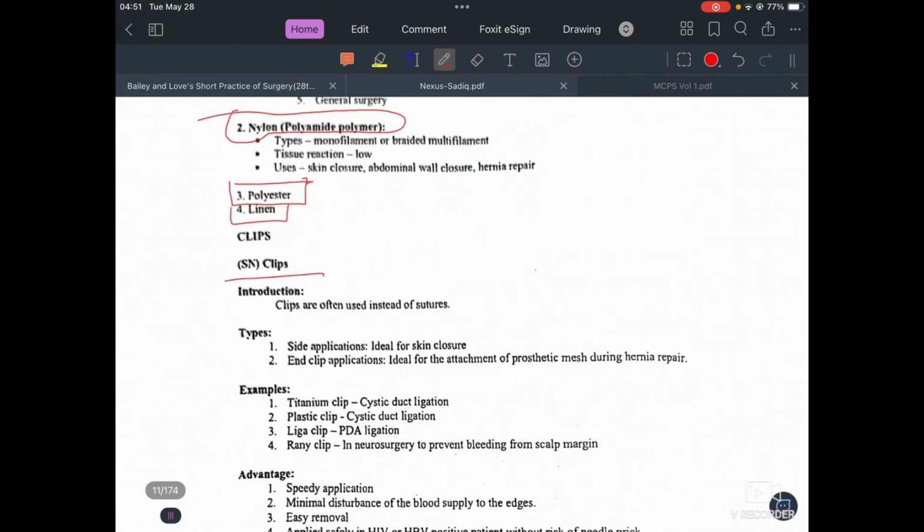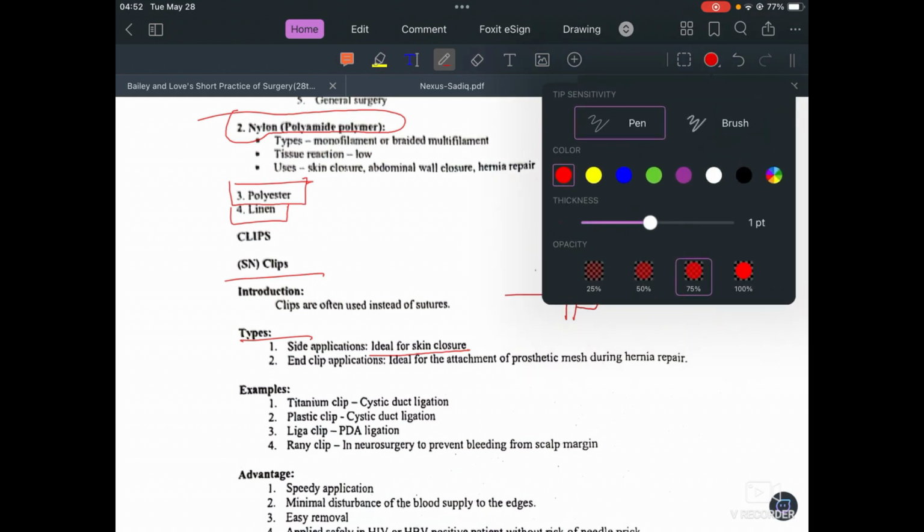Clips are often used instead of sutures. Types of side application, ideal for skin closure. So in the skin, it goes like this manner.